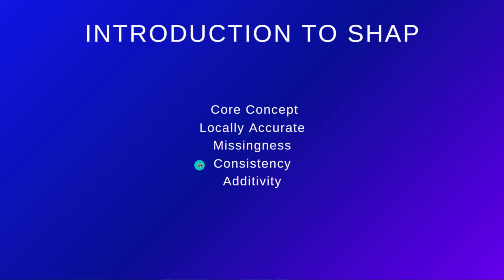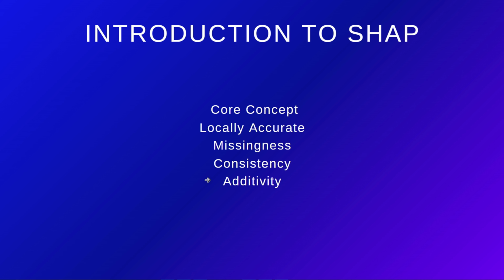And here, consistency. This property ensures that if a feature's contribution increases in a model, SHAP will reflect that change predictably. It's a guarantee of fairness. More impact should mean more attribution. And finally, here, additivity. What's that?